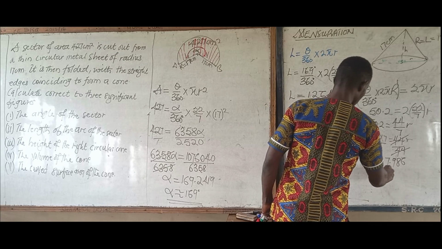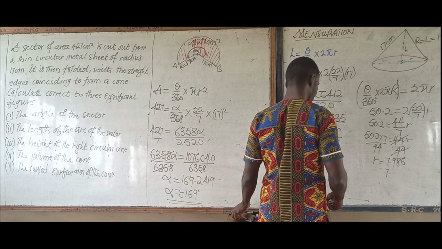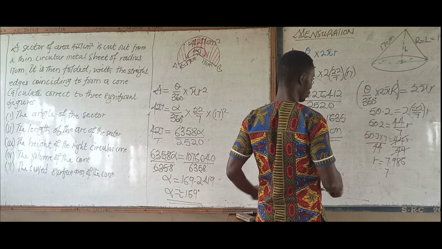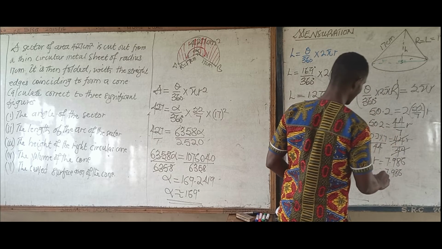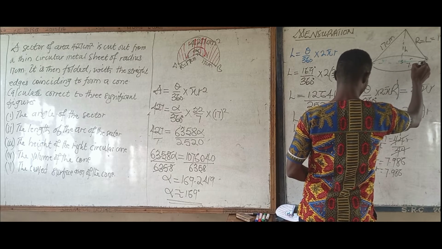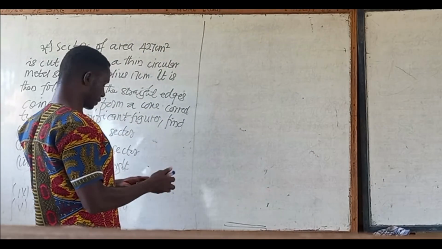I will leave the radius to be about 8 centimeters, 7.986. I'll put it like that, the radius. Continue with the third question.